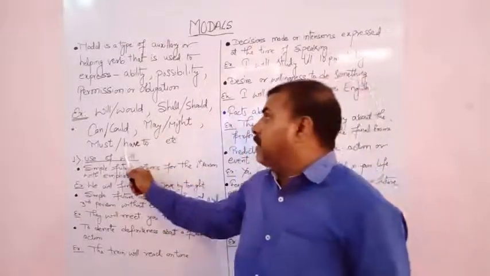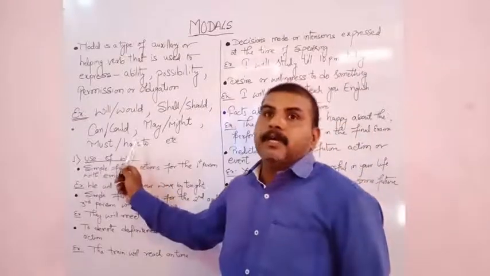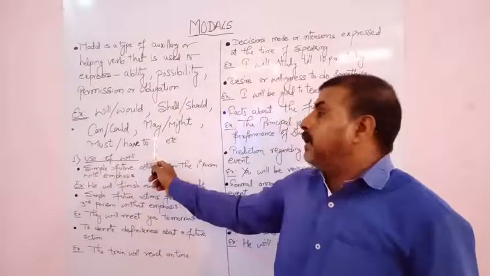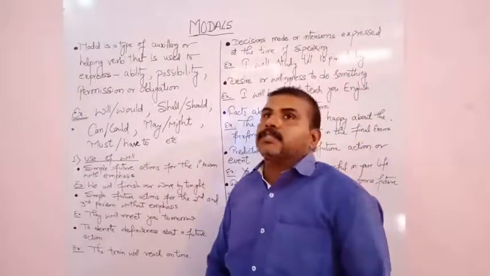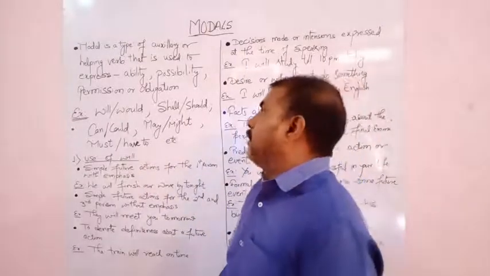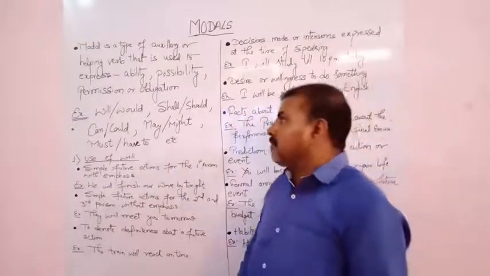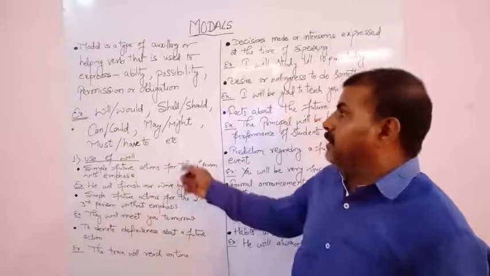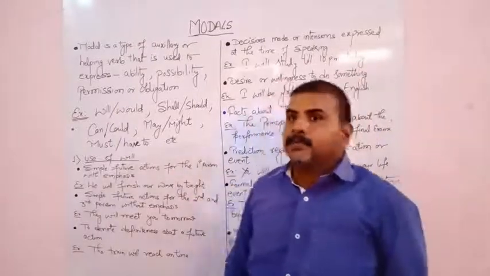In this, have to, the auxiliary verb is added with the preposition to. Such a type of word or phrase we call a modal phrase. So these are the modals in our English grammar.